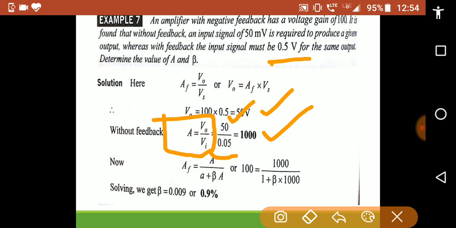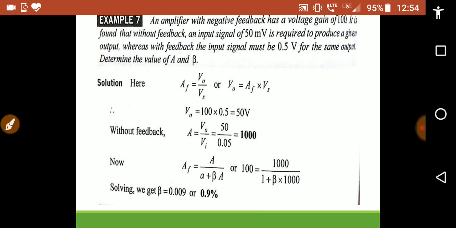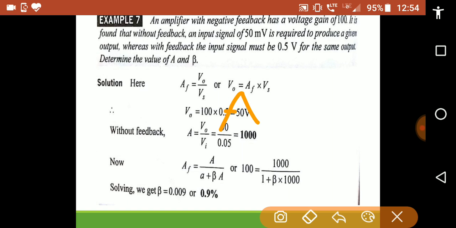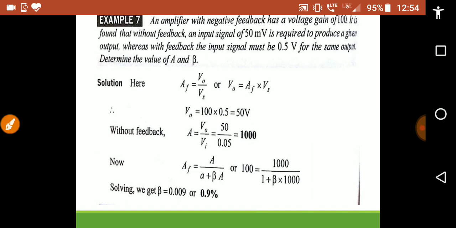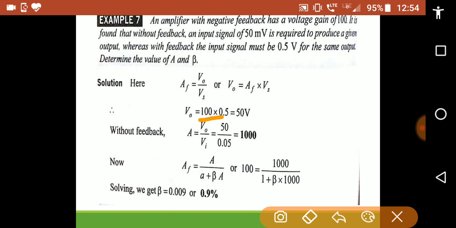So we know that AF equal to A divided by 1 plus A beta. So in the problem, AF equal to 100 and A equal to 1000.